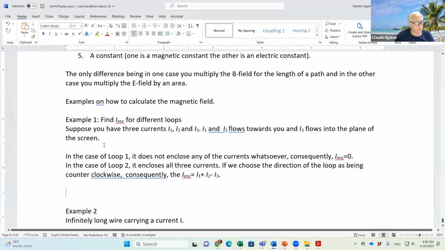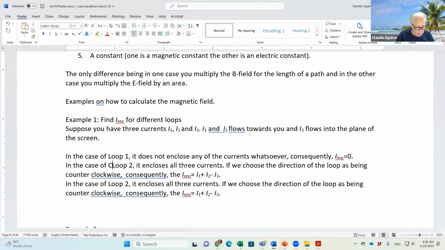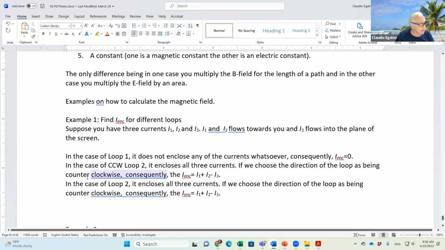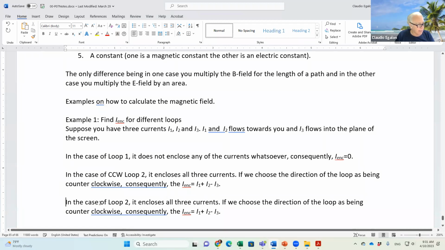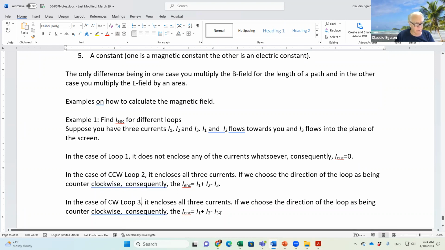So all you have to do is invert the signs. In the case of clockwise loop 3, it encloses all 3 currents, just like counterclockwise loop 2.